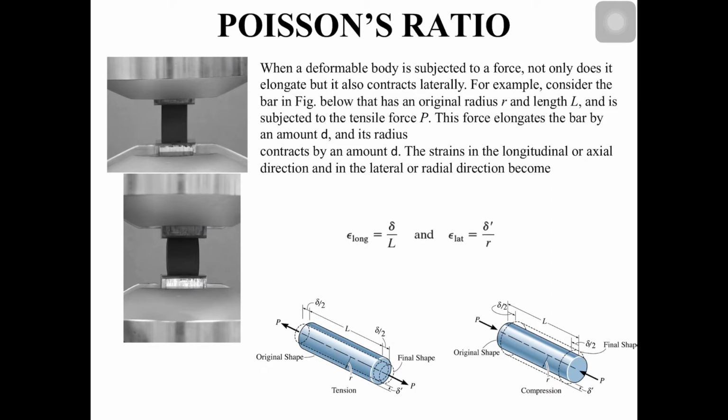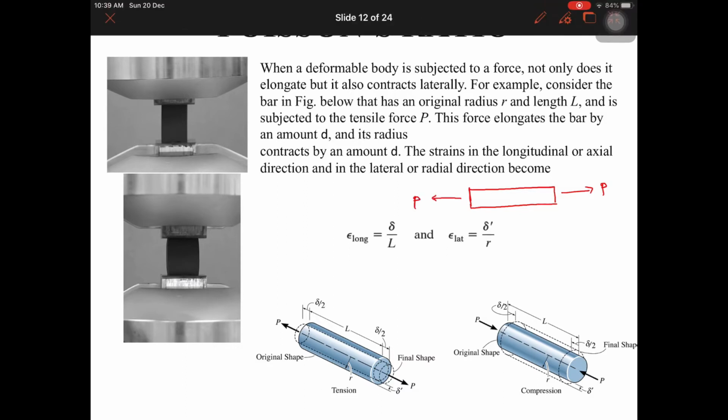If I redraw this in two dimensions, let's say this is the original bar, and then we have force P. It will become longer in the longitudinal direction and it will be shorter in the lateral direction.